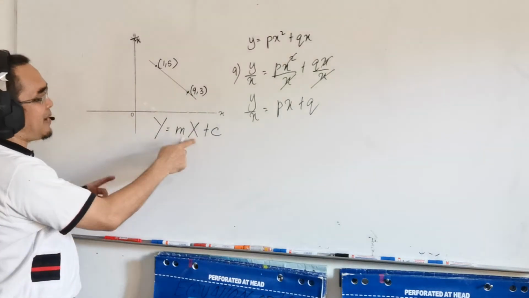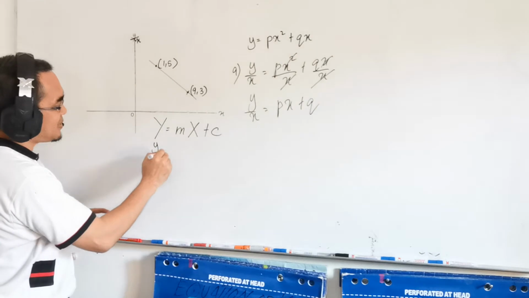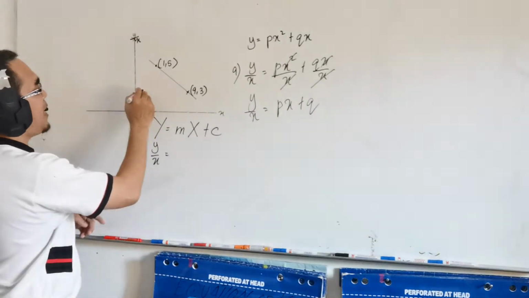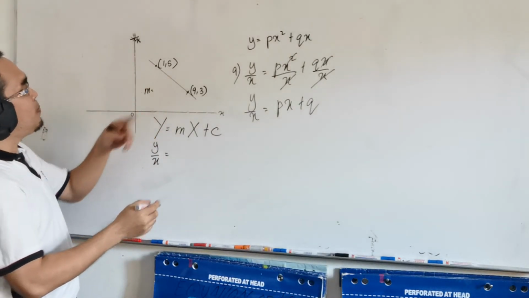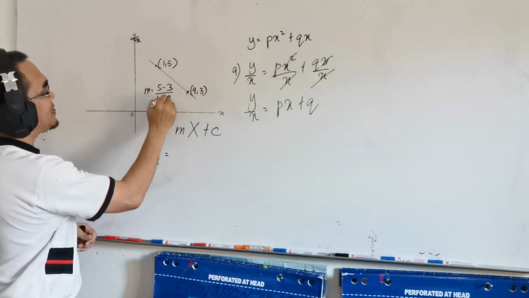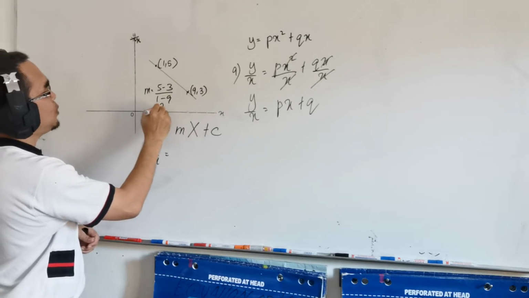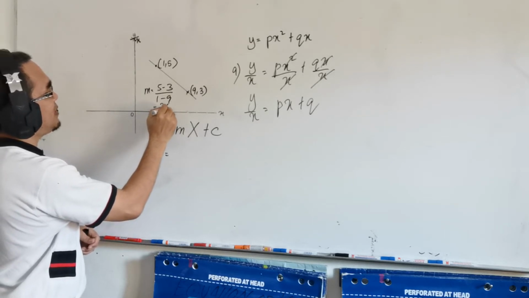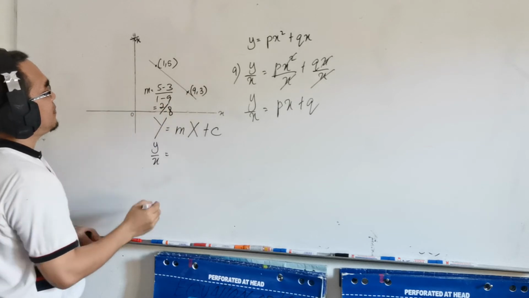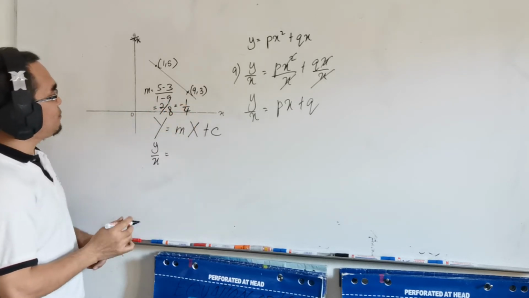So y and x is actually, in this case, y over x, and the m is y2 minus y1 over x2 minus x1: 5 minus 3 over 1 minus 9, which is 2 over negative 8. That is negative 1 over 4.